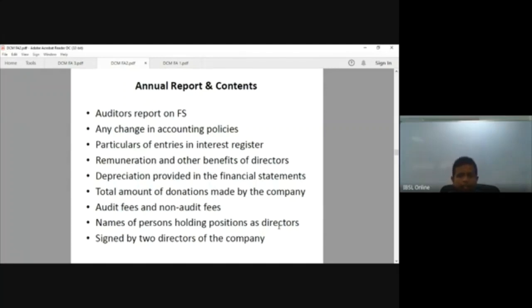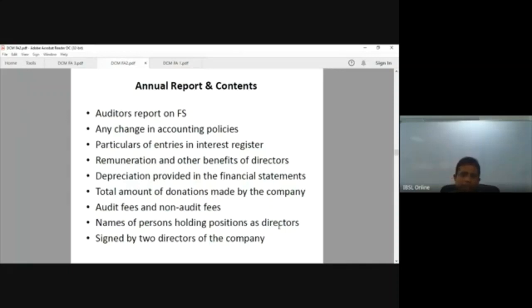All these requirements, whether small or big, material or immaterial, you should provide in the annual report. For example, if you take a bank, the bank's financial figures are in billions.